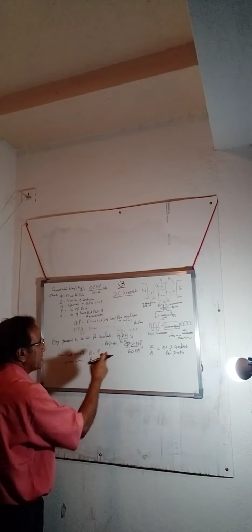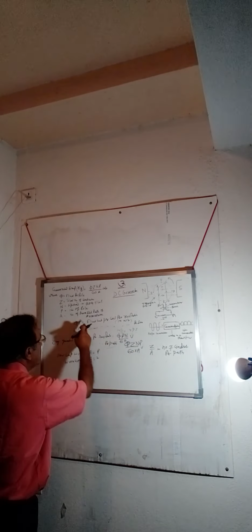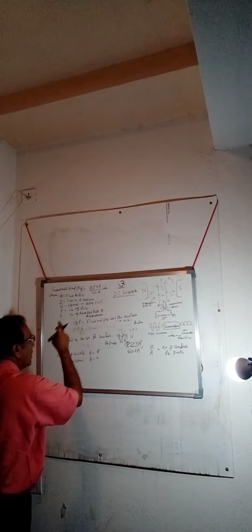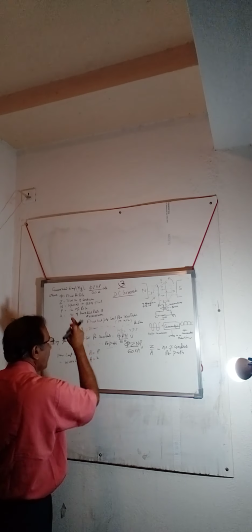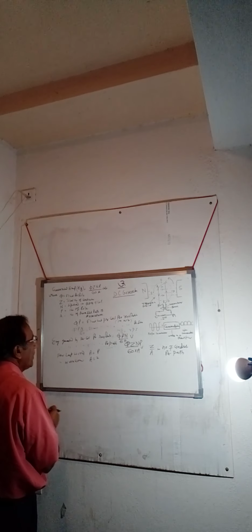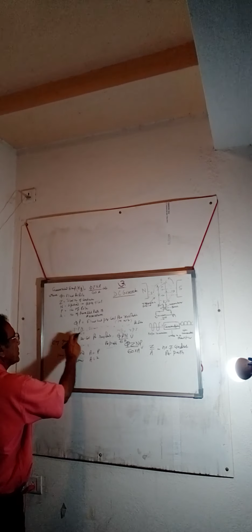Today we have discussed the main formula and how it came. ZP is the flux cut per coil per revolution in Weber, and ZPN by 60 is the flux cut per coil per second. This is in Weber per second, so this is the volt.